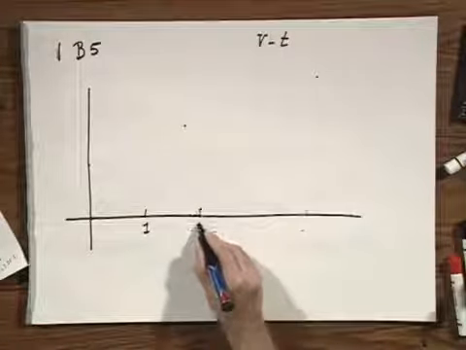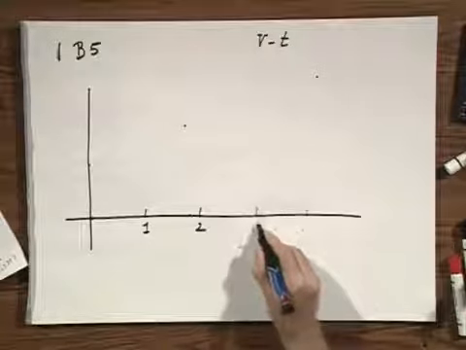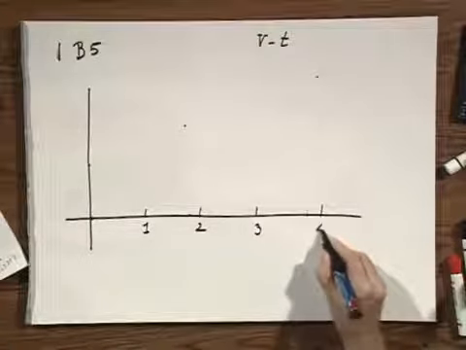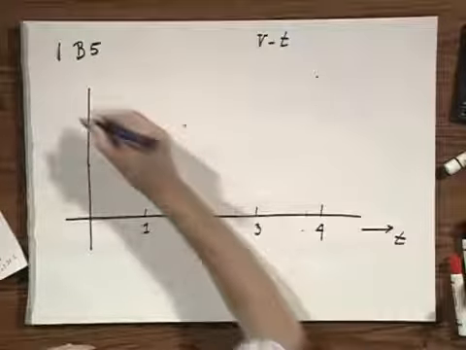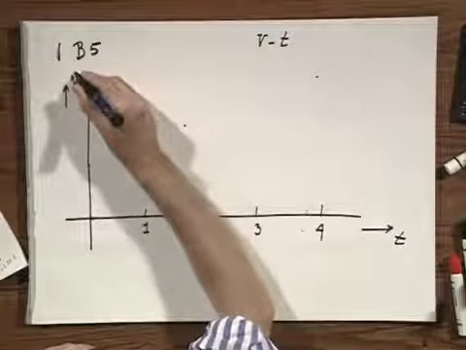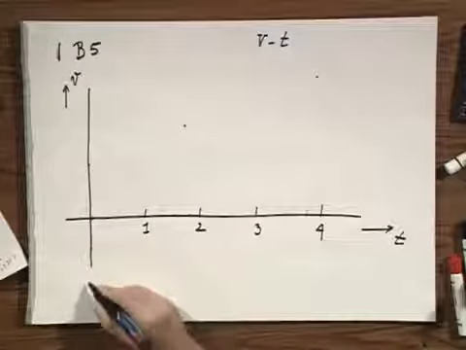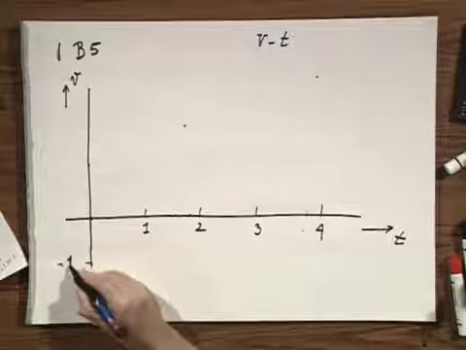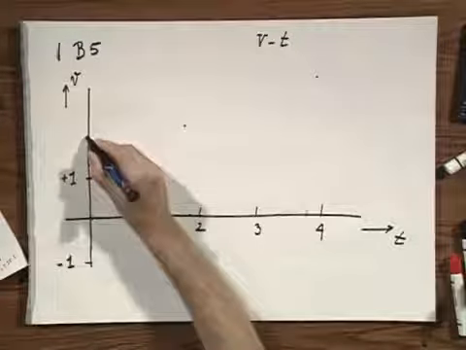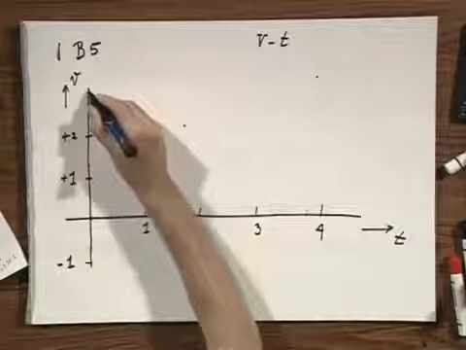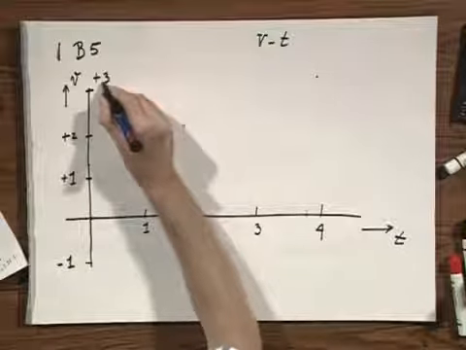1, 2, 3, 4 seconds. This is time, and this is the velocity. And the velocity here is minus 1 meters per second, plus 1, plus 2, and this is plus 3.